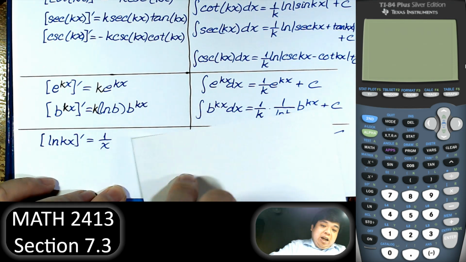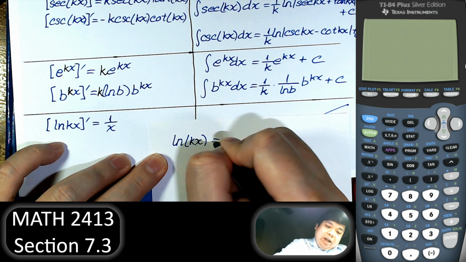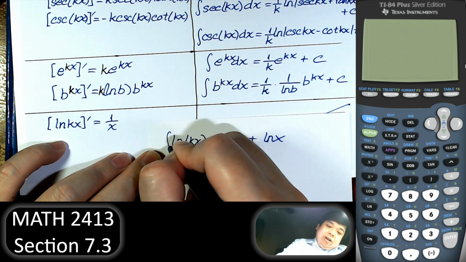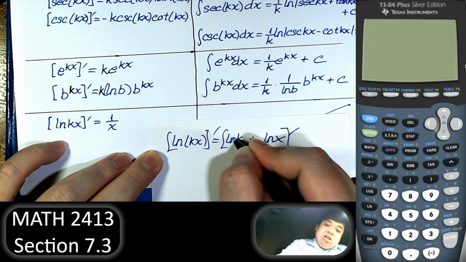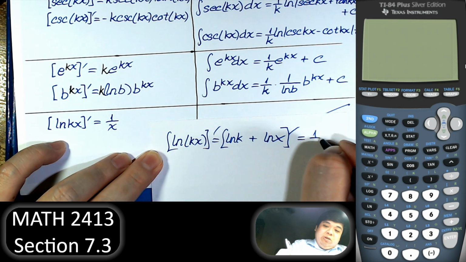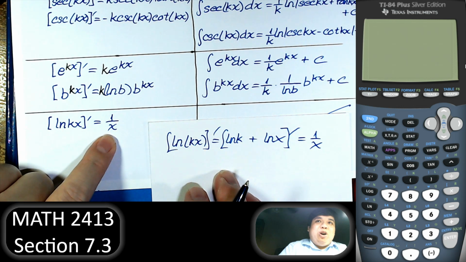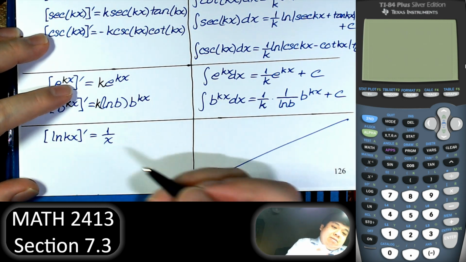But here, remember, if we have ln of kx, we can write that as ln of k plus ln of x. Derivative of it: derivative of constant is 0, derivative of ln of x is 1 over x. So even though there's a k here, it doesn't matter. The derivative is just 1 over x. That's a special case.